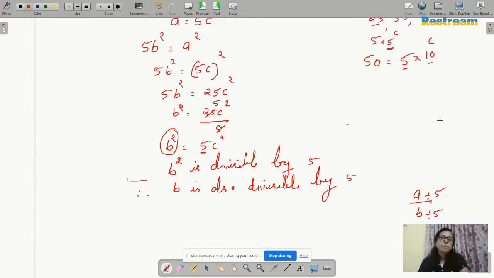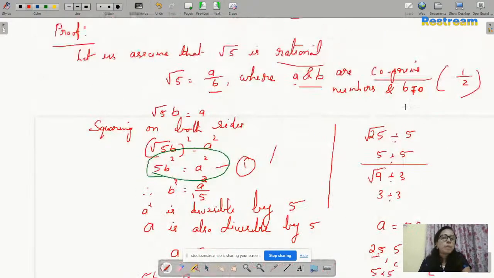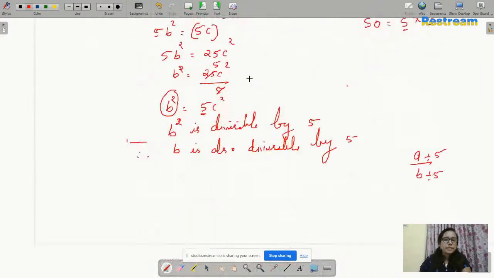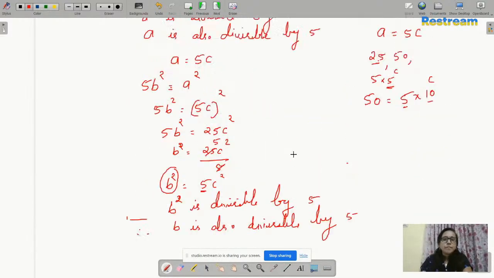But what did we assume? We assumed there are no common factors, that they are co-prime numbers. According to that, we should get no common factors. But what we got here is 5 as a common factor. So there we are getting a contradiction.